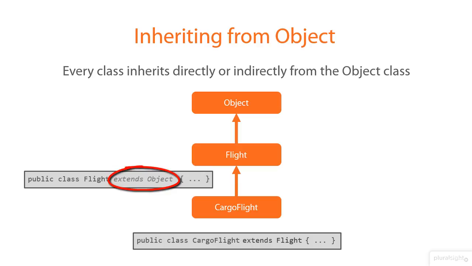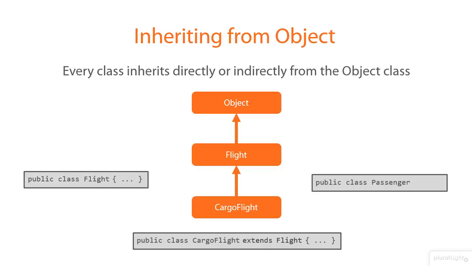You could actually write extends Object after the Flight class. It just wouldn't change anything. Having nothing there has the same effect. If we look at our Passenger class, we don't say it extends anything, but when we diagram it, it still extends Object. So whether classes are related to one another or not, they always extend the Object class, meaning that we can treat any class as an Object.